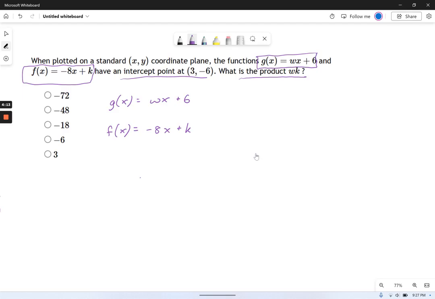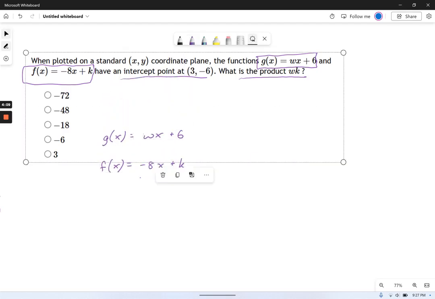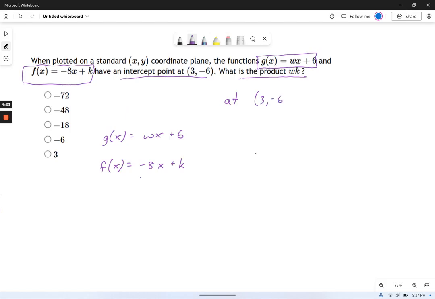Now, when we plug these into that coordinate point, here's what we get. At the location (3, -6), let's see what happens. First of all, the y coordinate is negative 6, so we get negative 6 equals w times the x coordinate.